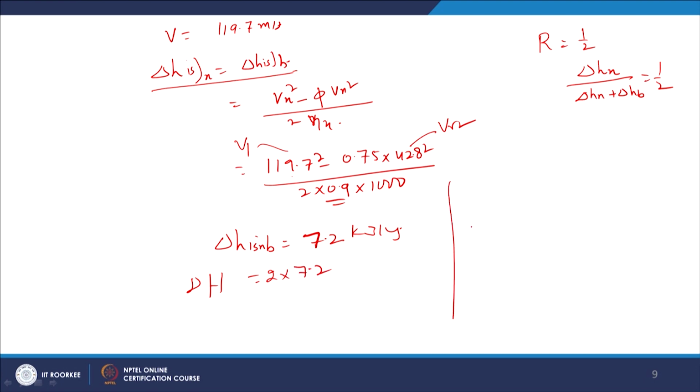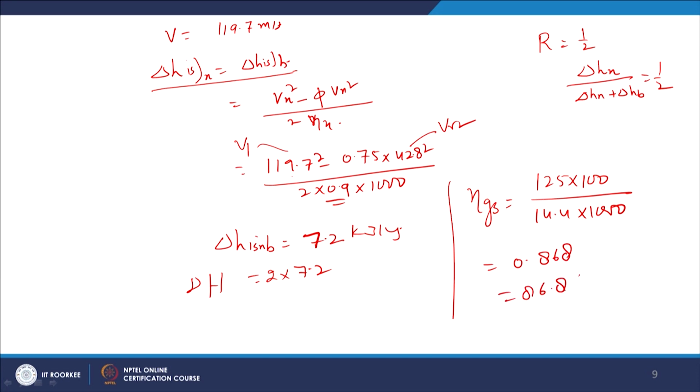If we want to calculate the gross stage efficiency, it is going to be 125 into 100 divided by 14.4 into 1000, and it is going to be 0.868 or 86.8%. So the gross stage efficiency is 86.8%. This is the last value which we are supposed to derive out of this numerical.